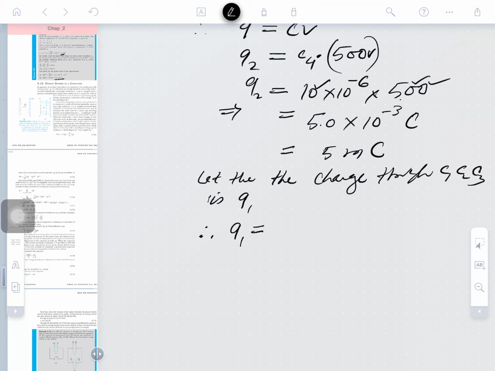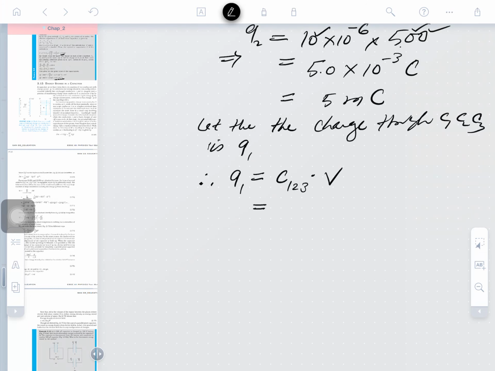Therefore, Q1 is equal to the capacitance C1,2,3 times the potential across this, V. So, what is that? Please tell me. C1,2,3 is 10 by 3 microfarad, 10 to the power minus 6. So it becomes coulomb, and it is 500.